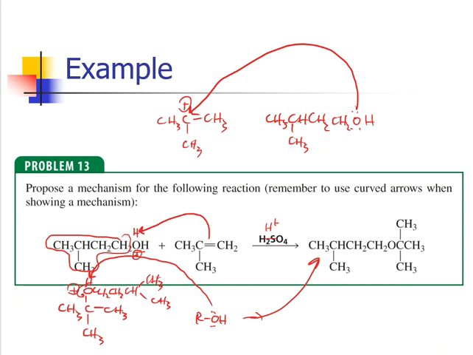So CH3, CH3, CH, CH2, CH2O. There's the alcohol group, and then that's attached to a carbon that's tertiary, and that goes to a methyl group on all sides. So there's the multiple steps of that mechanism as far as this example goes.